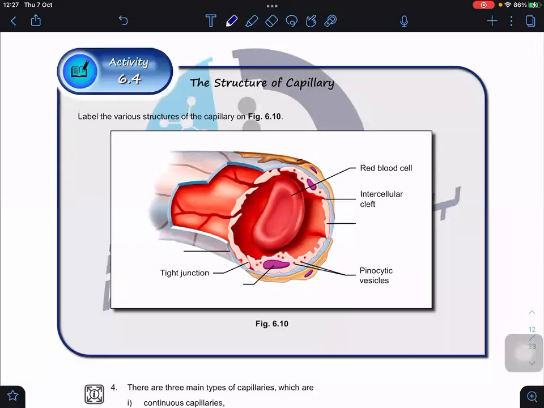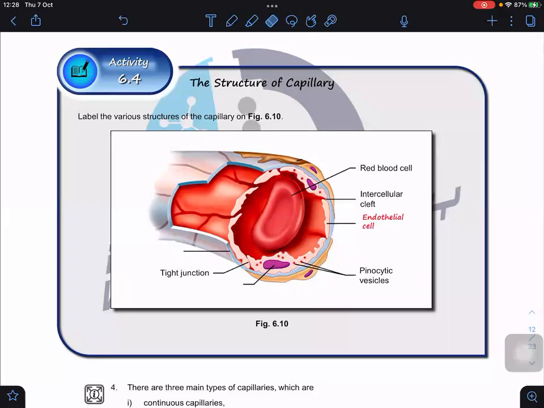So you can see that these are the features of the cells in three dimensions. Here is one endothelial cell. They have the intercellular cleft that allows the exchange of material, but you can see that all these endothelial cells are anchored onto structures called basement membranes.